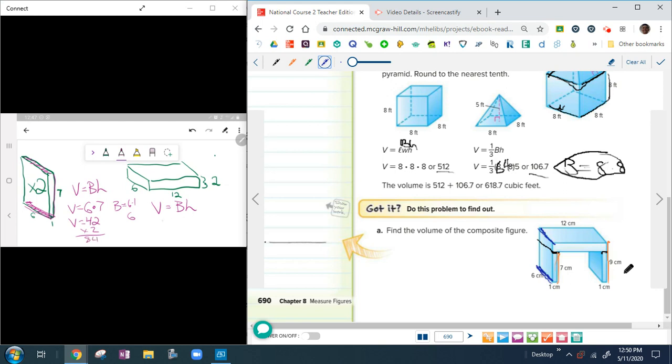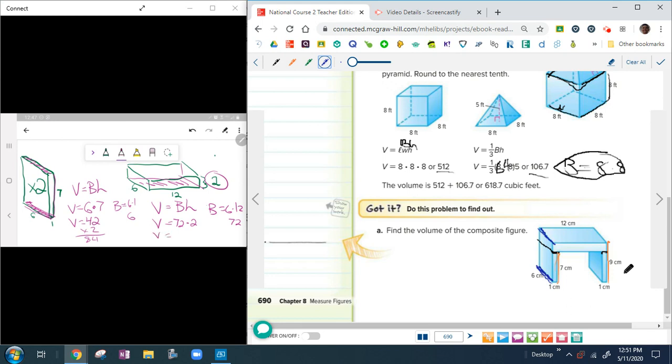Now, let's find the volume of that other, the tabletop, basically. Big B, I'm going to call that the base down there. And so that's going to be 6 by 12, which gives me 72. So replace that with big B, and the height there is 2.